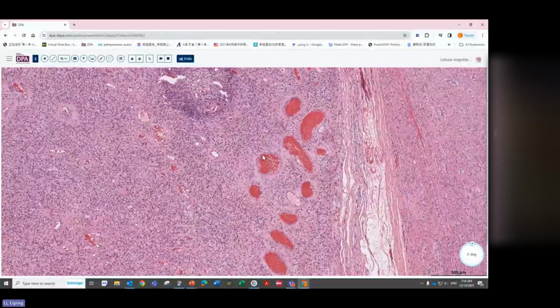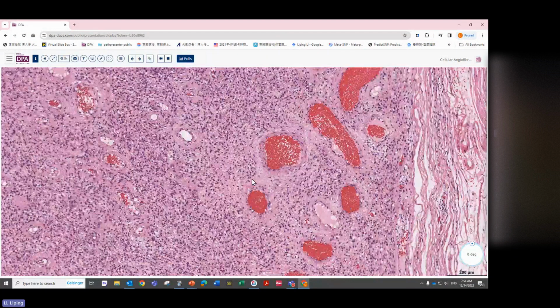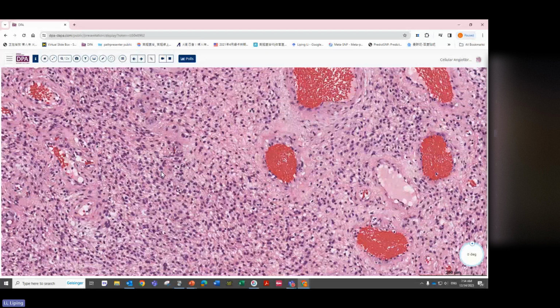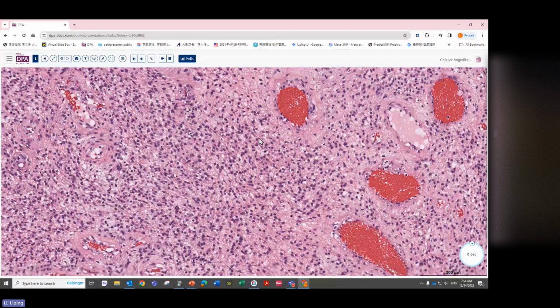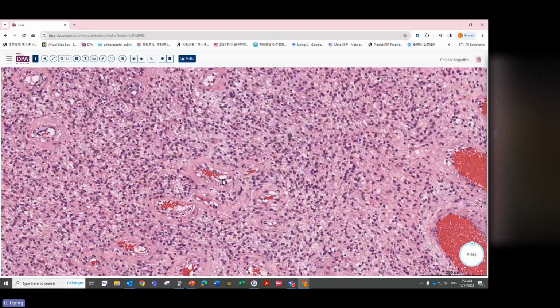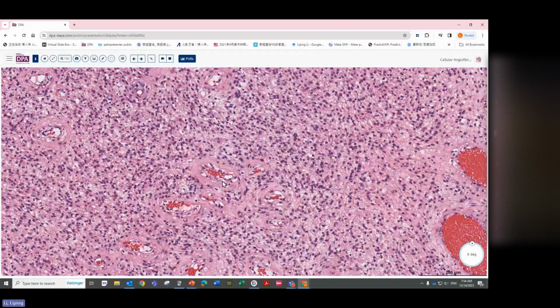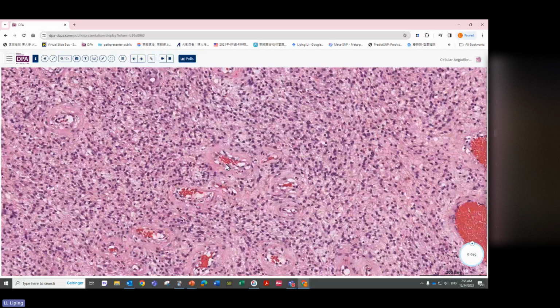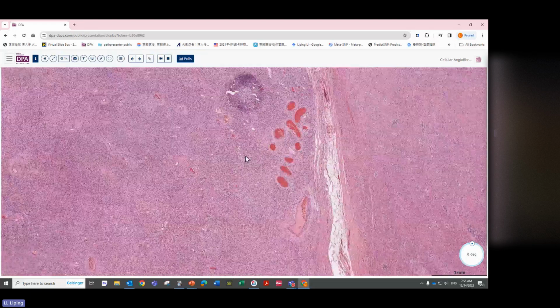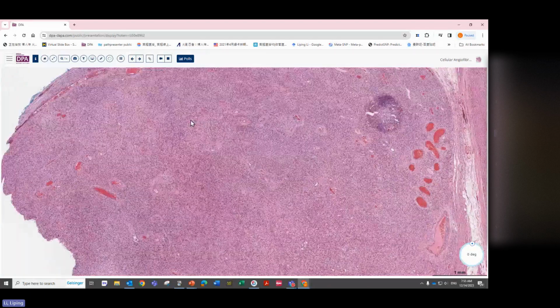Here we have tons of these vessels with hyaline walls. The cellularity is really high and evenly distributed. You won't see what you see in AMFB, where we can see hypocellular and hypercellular areas. The whole lesion here is really hypercellular.